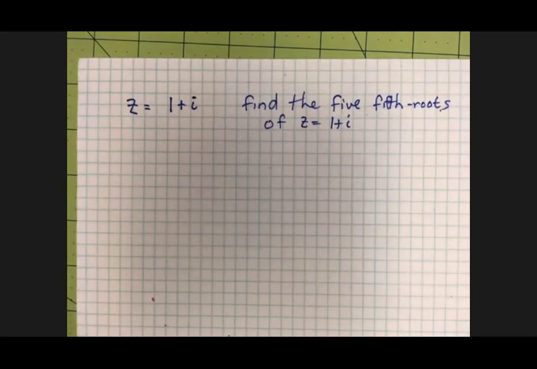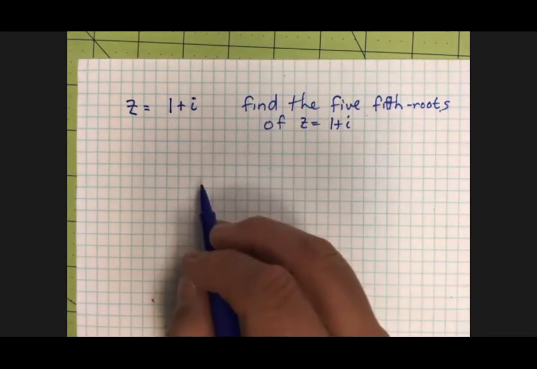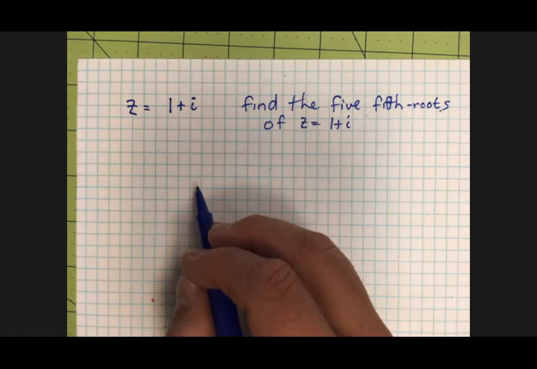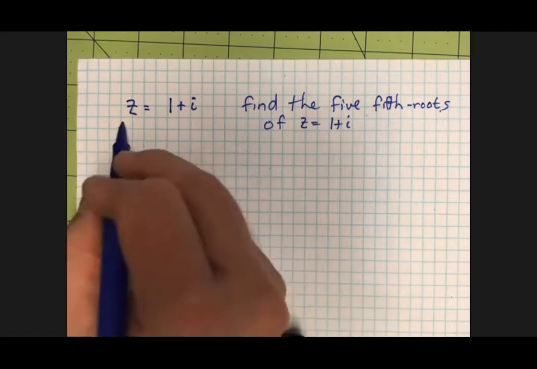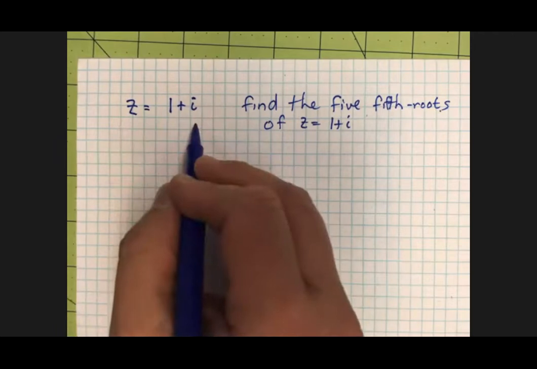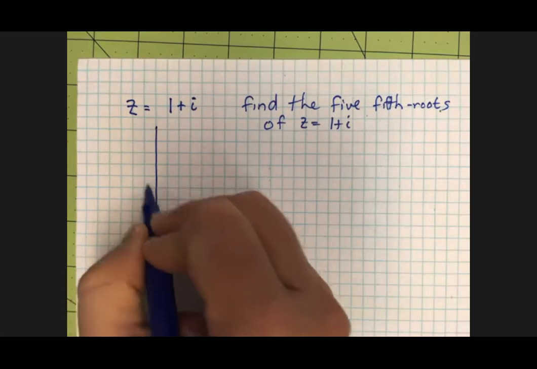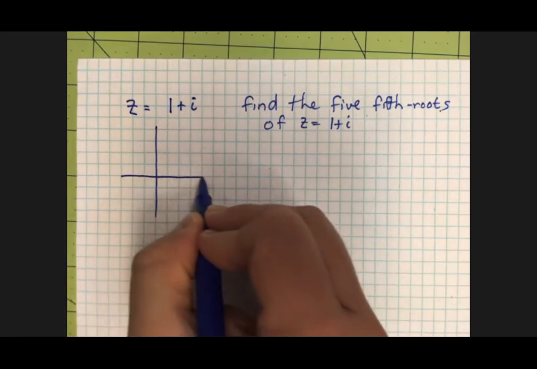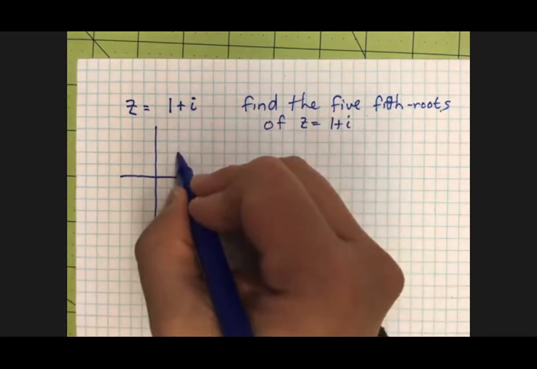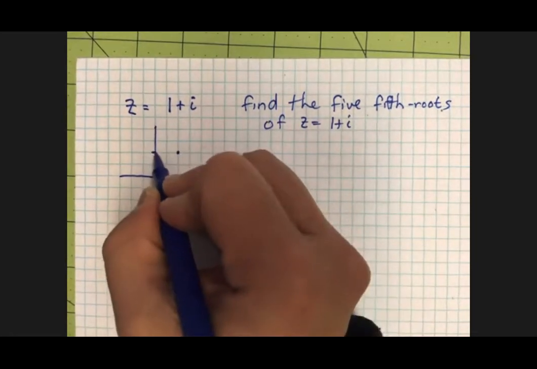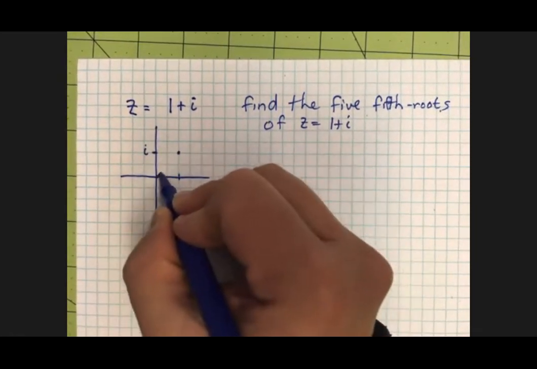Let's draw the picture. Then take the fifth root of the radius and take equally spaced angles, starting at 1/5 of this person's angle. So I need to convert this to trigonometric form, right? I picked 1 plus i because it has a very nice angle to work with.